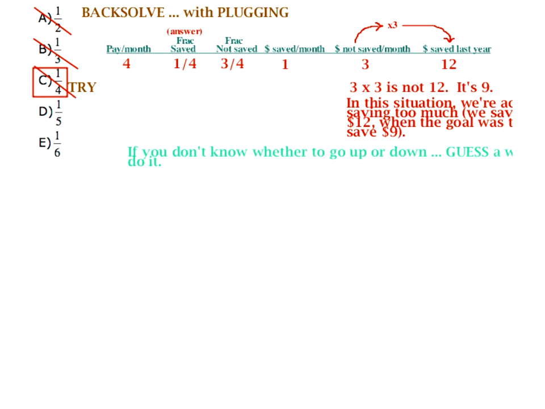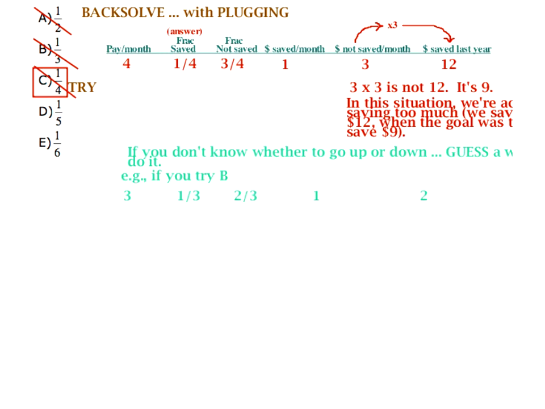So let's say that we went to B. If you try B, then you can just pick 3. And then this fraction is 1/3, and this fraction is 2/3, which means you're saving $1 a month and spending 2.